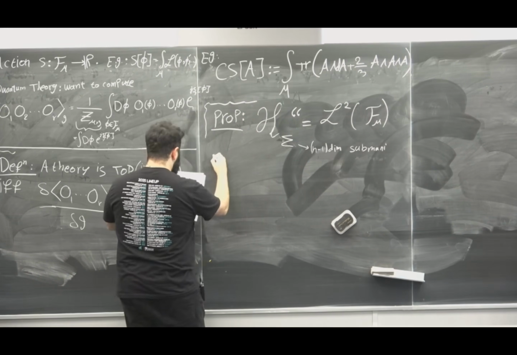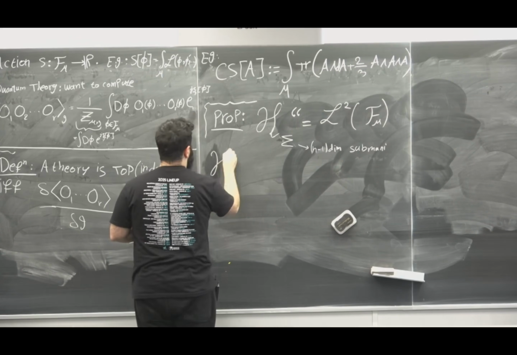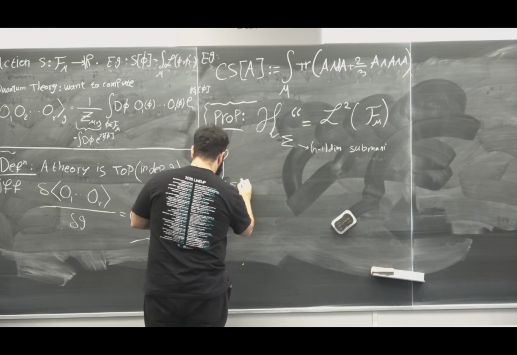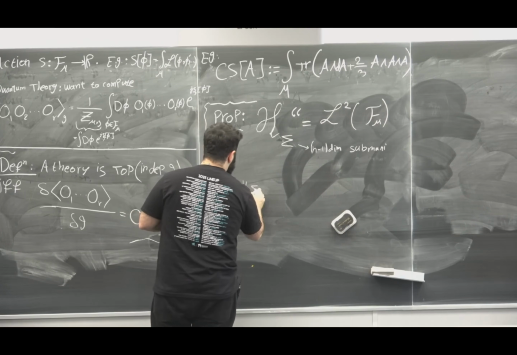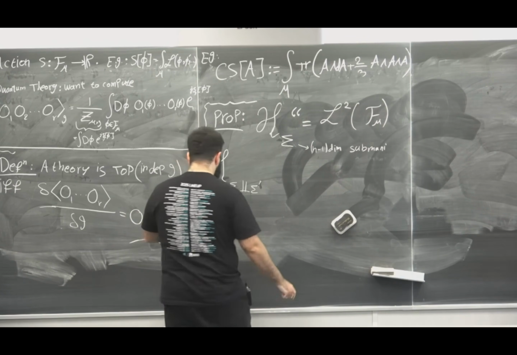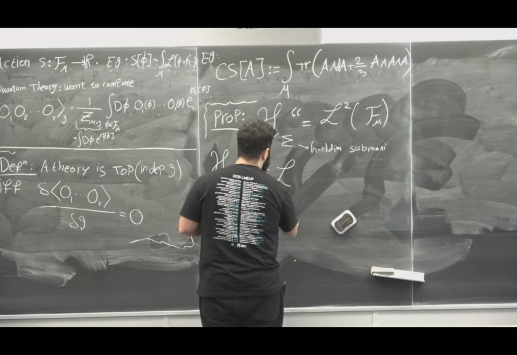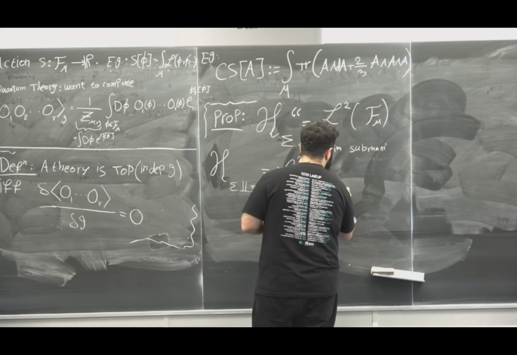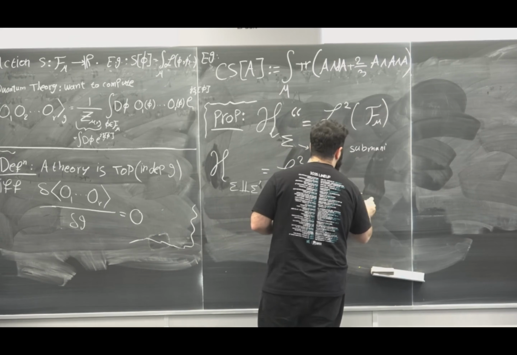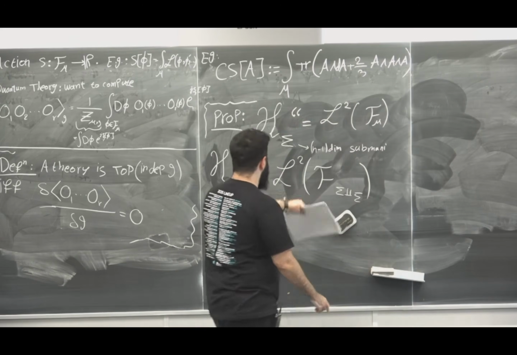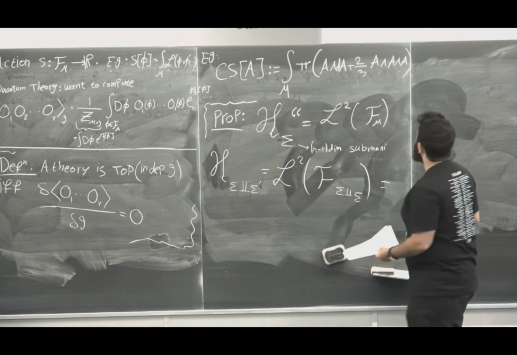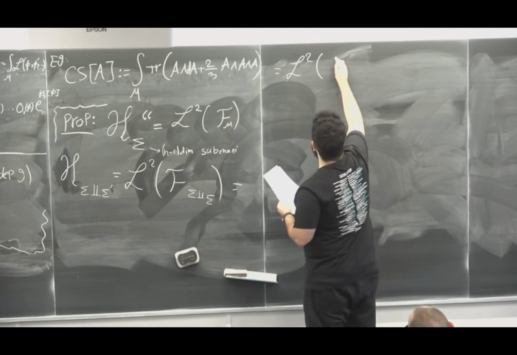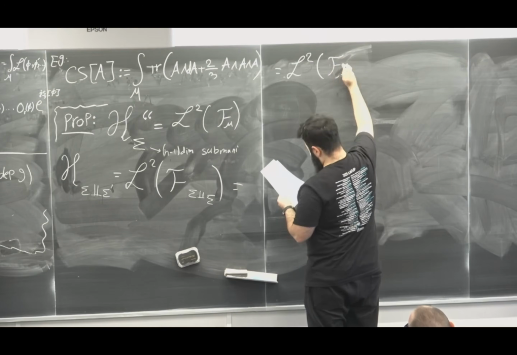Now, I'll take the Hilbert space of the disjoint union of sigma and sigma prime. What is this going to be? If we take that to be true, it's going to be L2 functions on the field space of sigma disjoint union with sigma prime. And so now, what is this going to be? It's going to be L2 functions on the Cartesian product of these two field spaces.